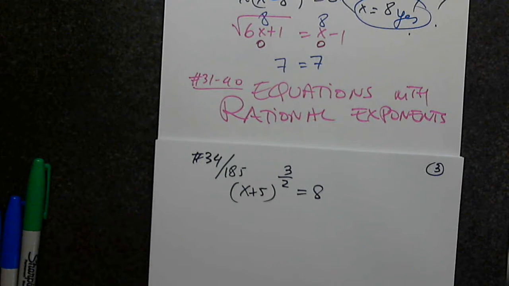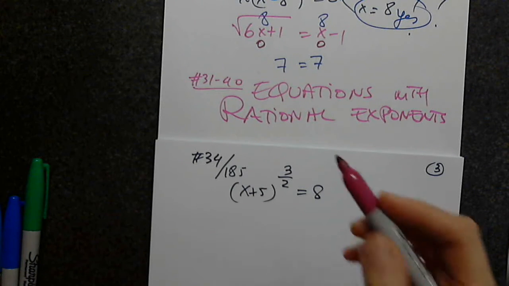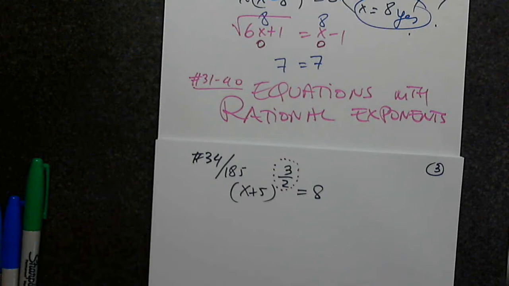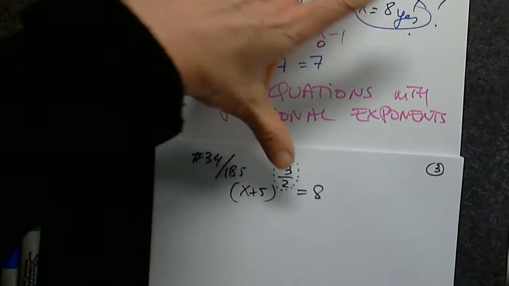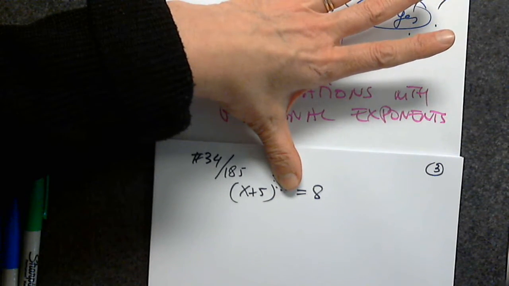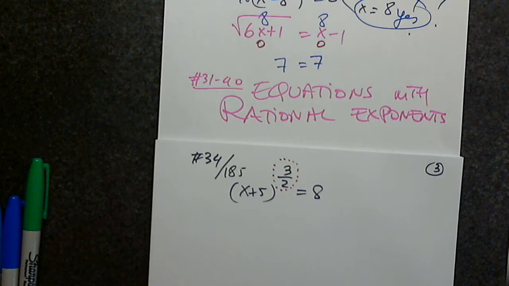First of all, let me ask you, what do we need to get rid of? The exponent. That is the problem. If I manage somehow to get rid of that exponent, I will change it into a linear equation, right? If this is gone, then this is linear. Not a big deal, right? But the problem is, how do I make that 3/2 disappear?